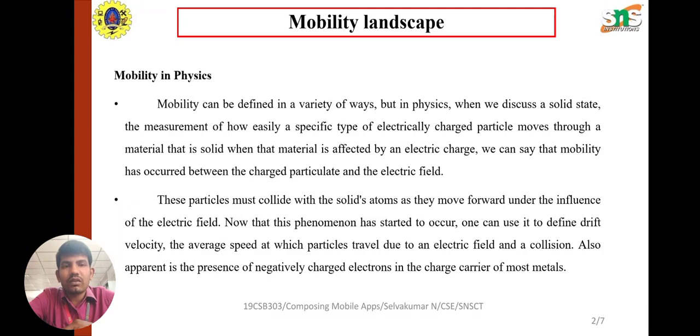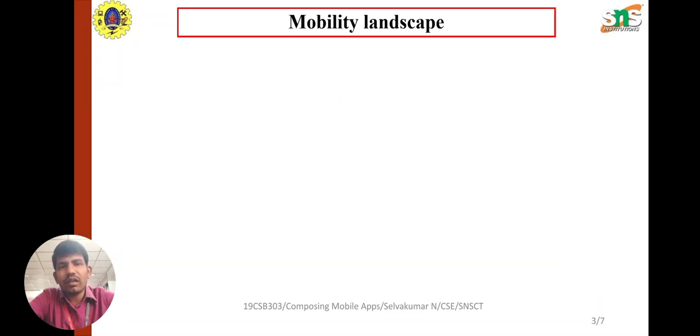These particles must collide with the solid atoms as they move forward under the influence of the electric field. So that is a phenomenon that has started to occur. One can use it to define drift velocity, the average speed at which particles travel due to an electric field and collisions. This is also apparent in the presence of negatively charged electrons, the charge carriers of most metals. So this is mobility in physics.